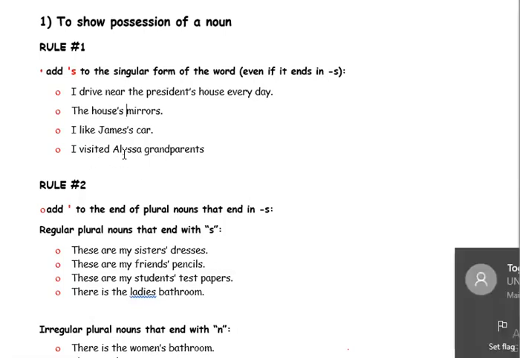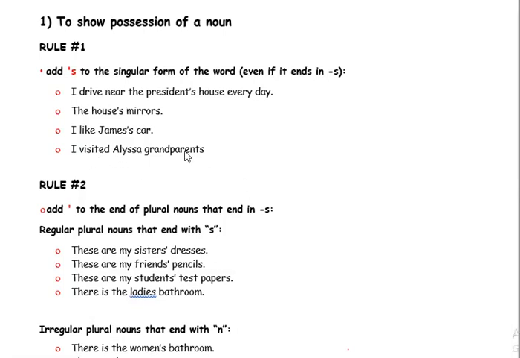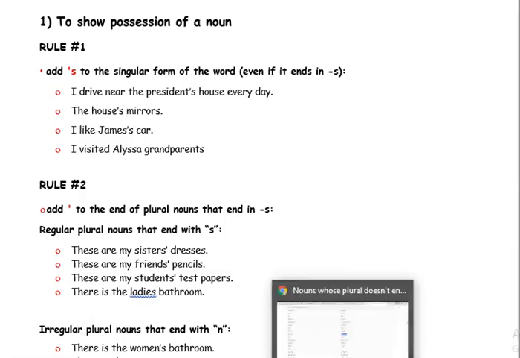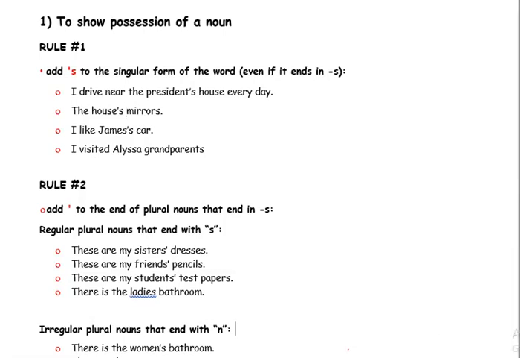And the last one, who can tell me from the rule that we just learned, where does the apostrophe go? I visited Alyssa's grandparents. Alyssa is 1 person, and she is the owner of her grandparents in this sentence. So tell me in the chat. Write down the sentence in the chat and use an apostrophe.